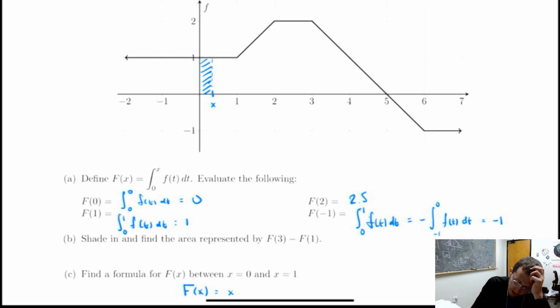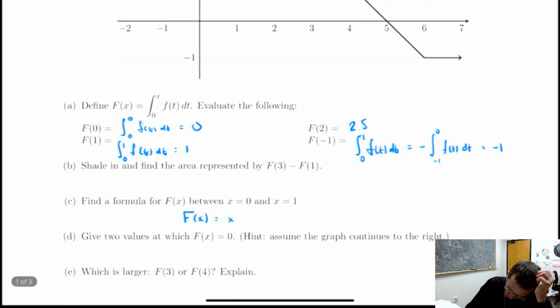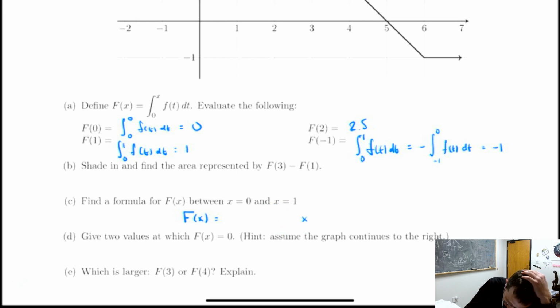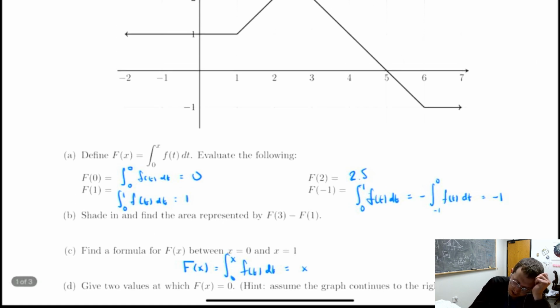So the area is x times 1, which is x. So just to expand that out, capital F of x, let me remind you, is the integral from 0 to x. And we can see that that gives us an area of x.